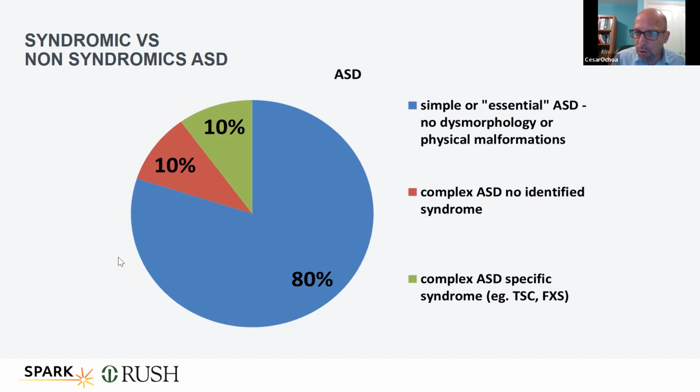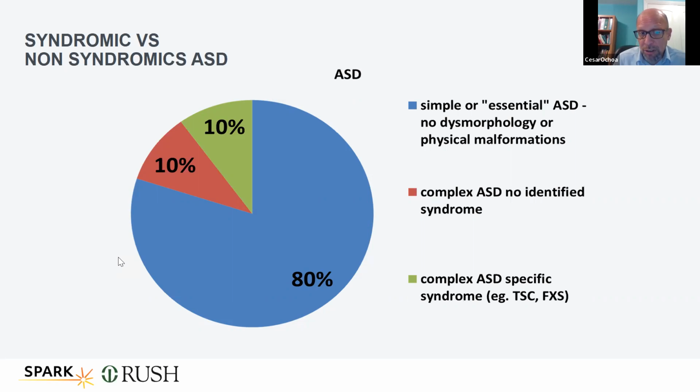So there are some signs in the physical exam that point to a possible underlying genetic condition. In those cases, we call it syndromic, when kids have some of these morphological features that suggest a genetic condition.